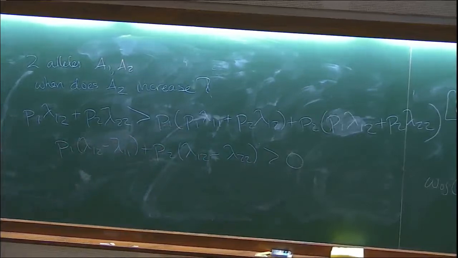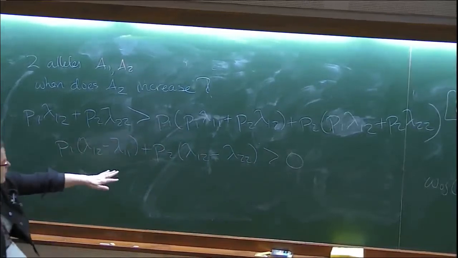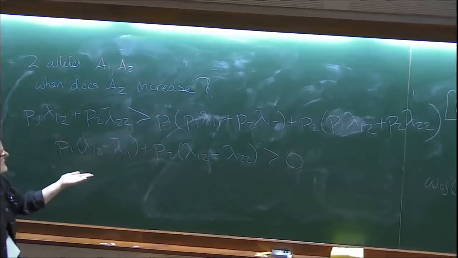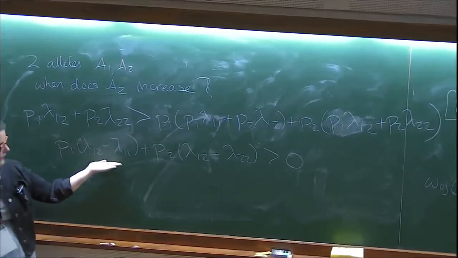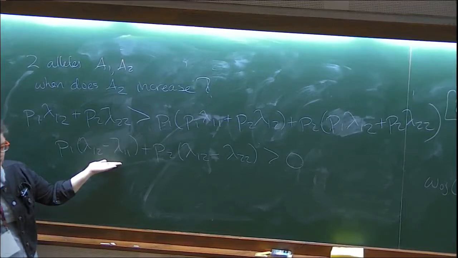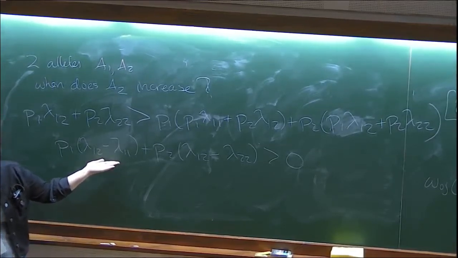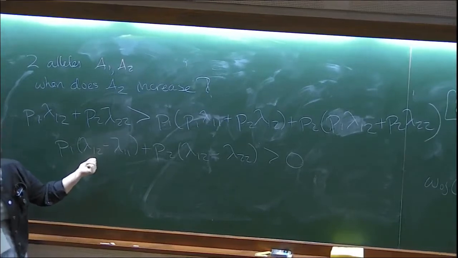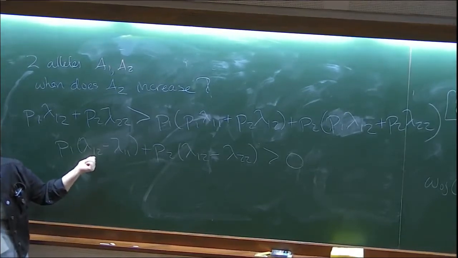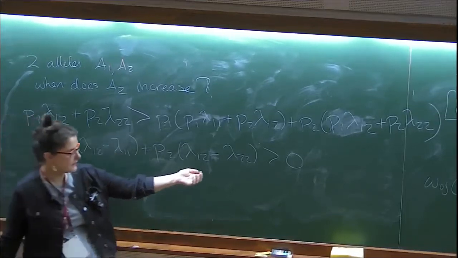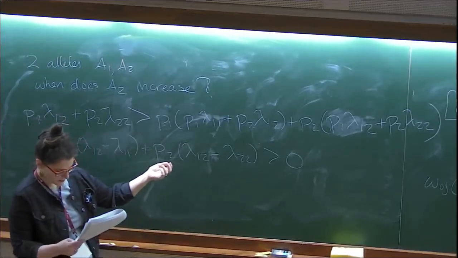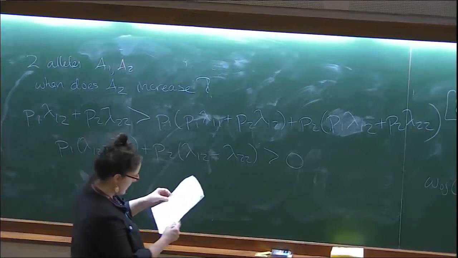All right, so what do we need? We need this inequality to be greater than 0, and we can see that what it depends on is the rate of increase for the transition matrices, basically this difference between the heterozygote that carries one copy of the A2 allele and the homozygote that has none. I think I have made a mistake.